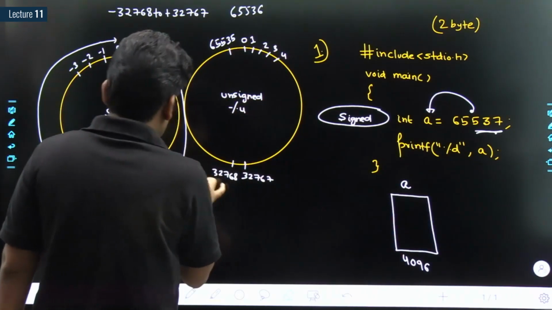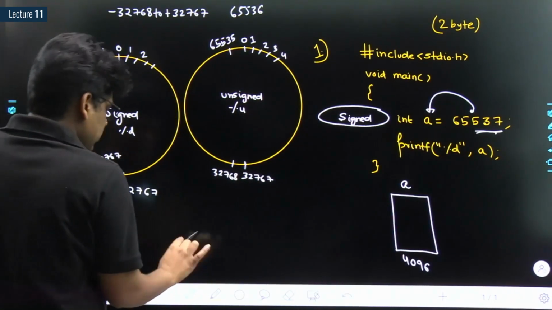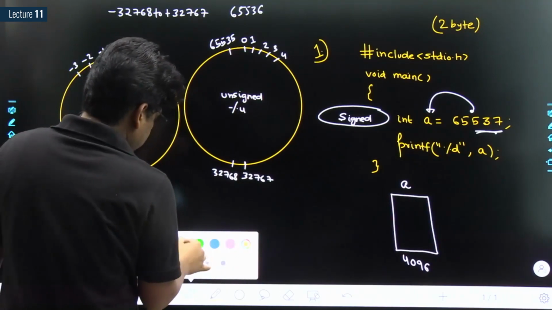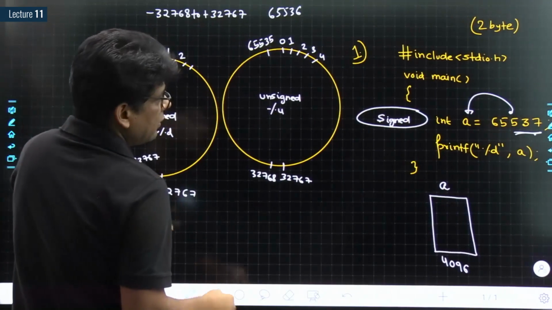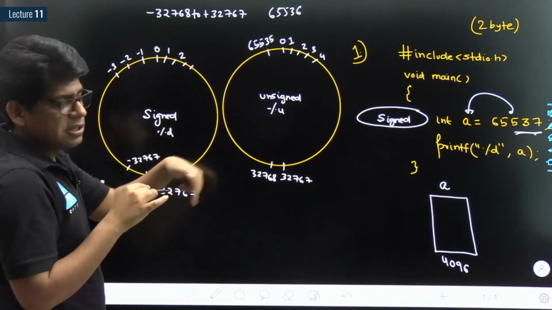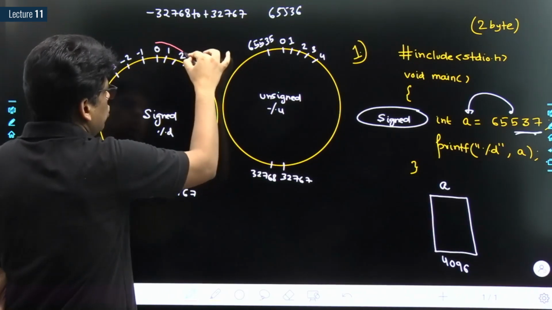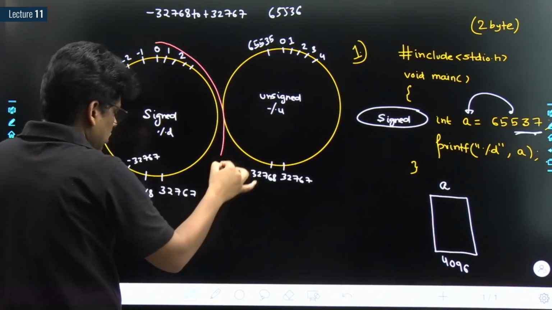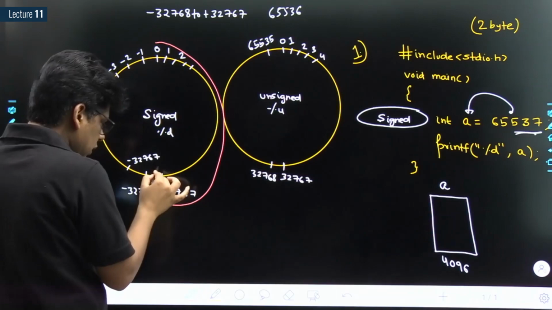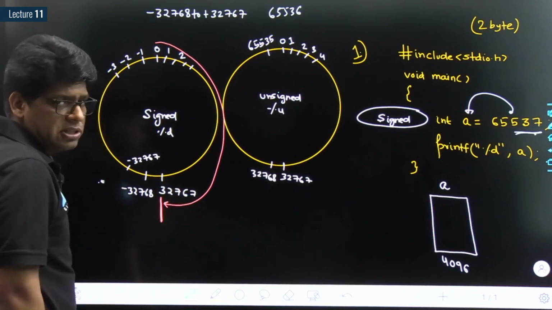Sir, we have to follow this circle, that is for sure, okay. But sir, we need to count from 0 till 65537. Try to understand. 1, 2, 3, 4. Sir, till now, how many numbers have we covered? 32767.